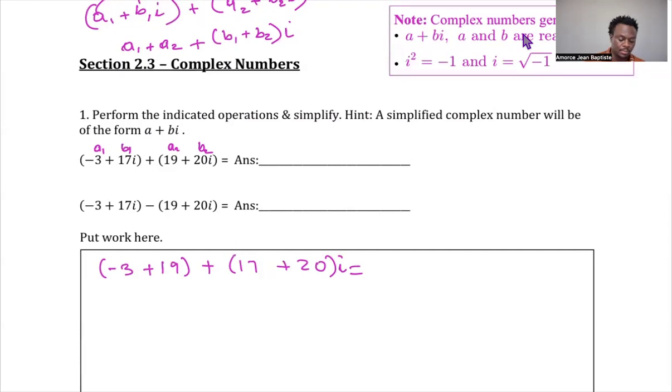And then we just combine our terms. So that is 16 plus 37i.